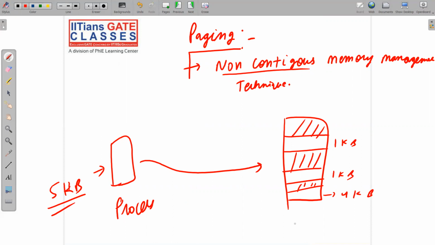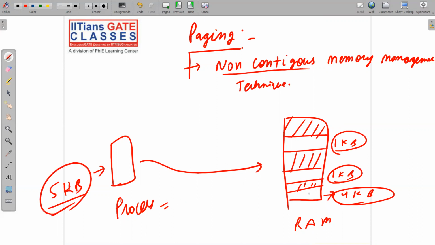So this is our main memory, that is RAM. Some small part is occupied and then 1 KB free space is there, then some occupied and then 1 KB space, and then some space is occupied and then 4 KB space is there. So obviously I cannot store this process of 5 KB in this memory. Why? Because we want contiguous memory.